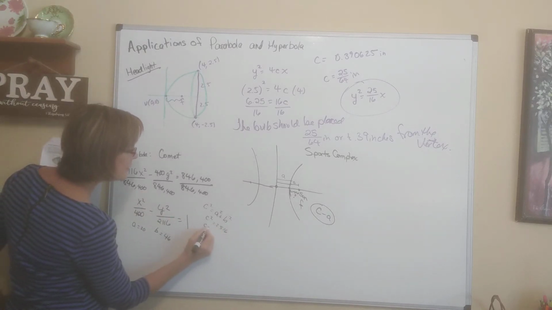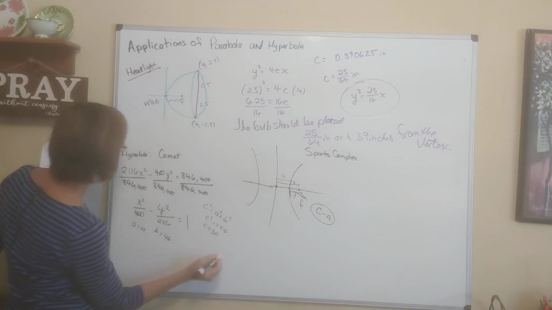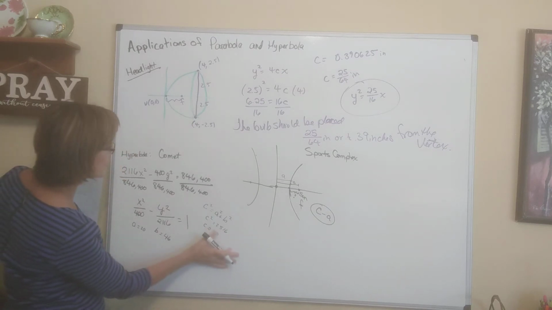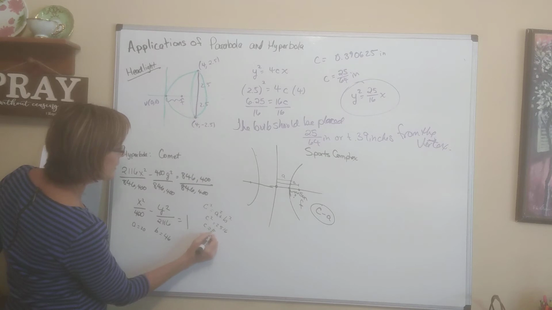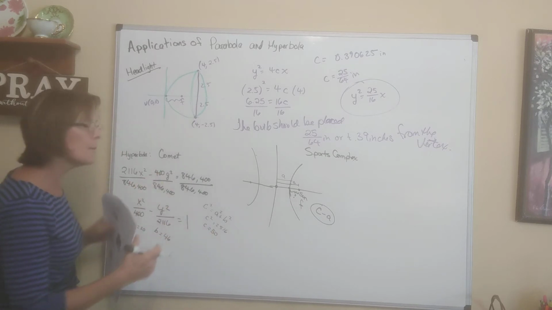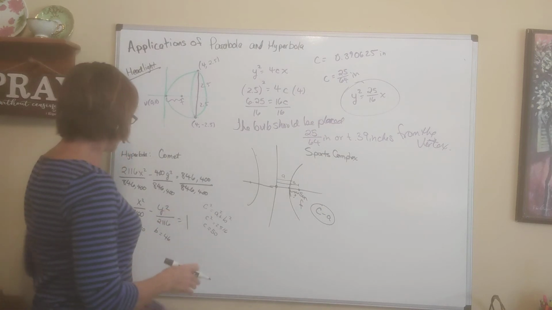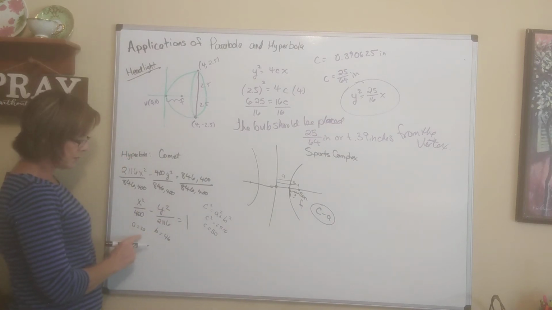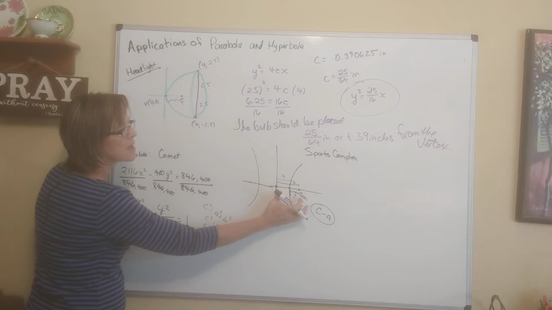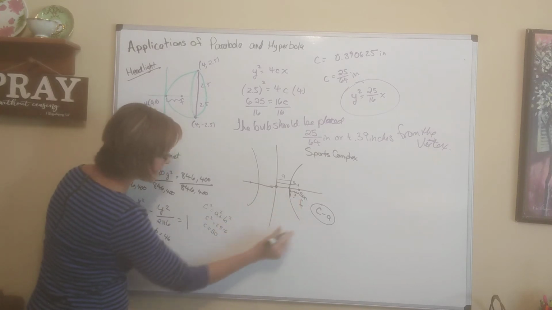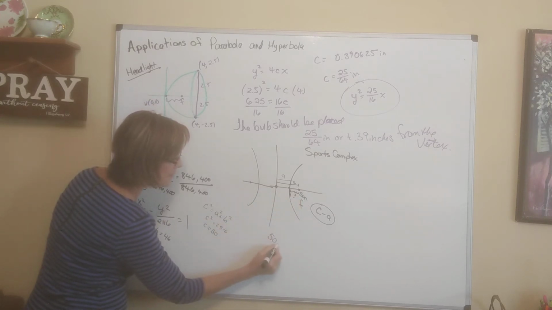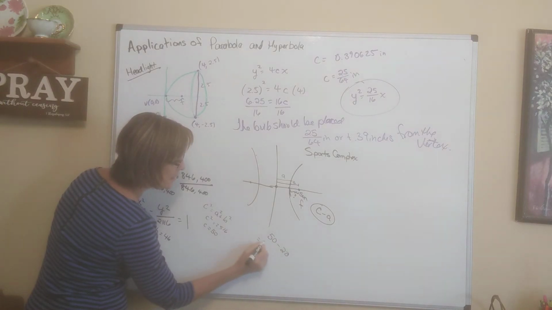And if you take the square root, c is approximately equal to 50. 50 what? 50 million miles is what that's equal to. All right. What is a equal to? a is equal to 20 million miles. How close does the comet get to the sun? c minus a. 50 minus 20 is 30.